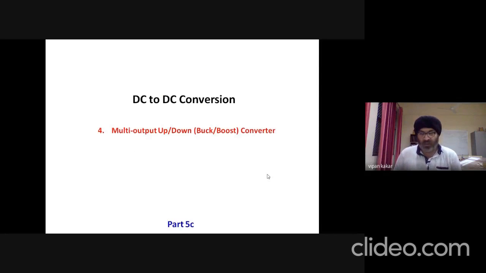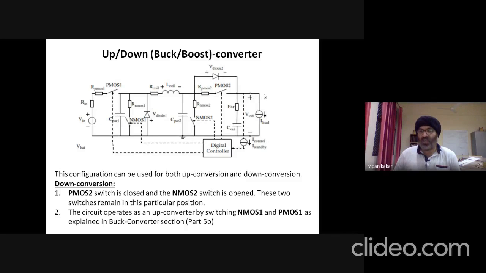Okay, so now next one, multi-output, up or down or both, or in other words, buck or boost or both, having multiple outputs. In the previous case, only one output was there, either boost output or buck output, based on the two modes.